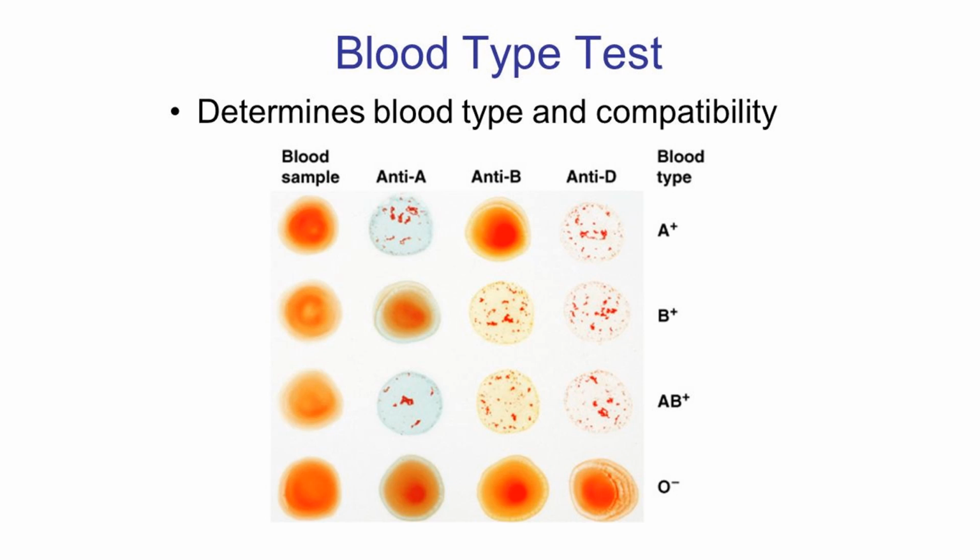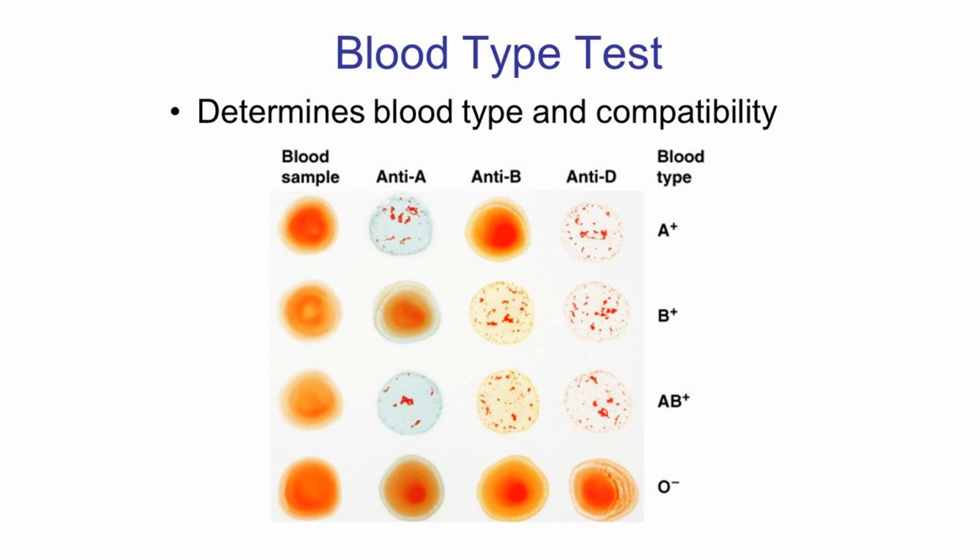It causes clumping, meaning that the A antigen is present. When their blood is treated with the anti-B antibody, no clumping occurs, meaning that there's no B antigen on their erythrocytes.